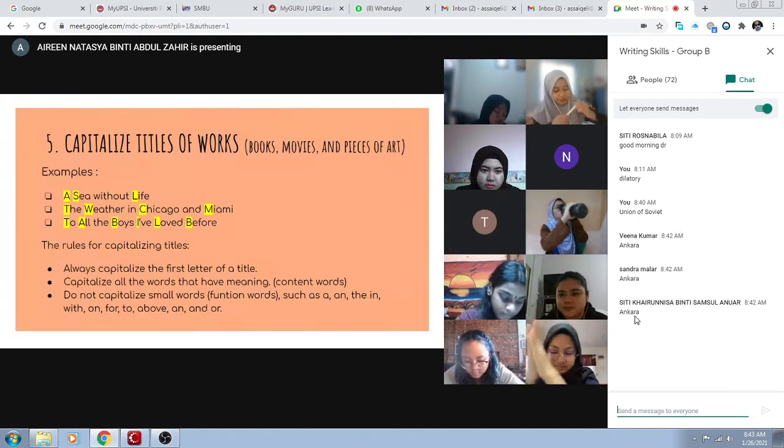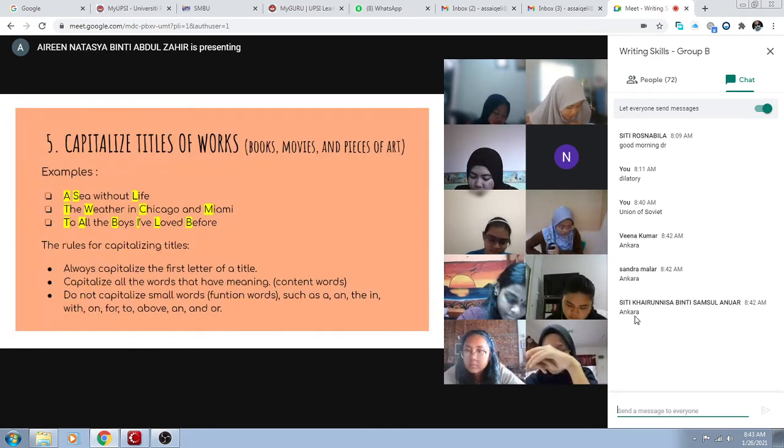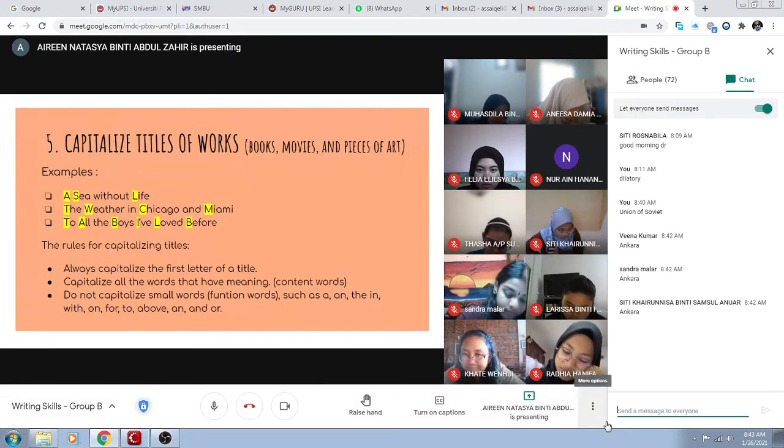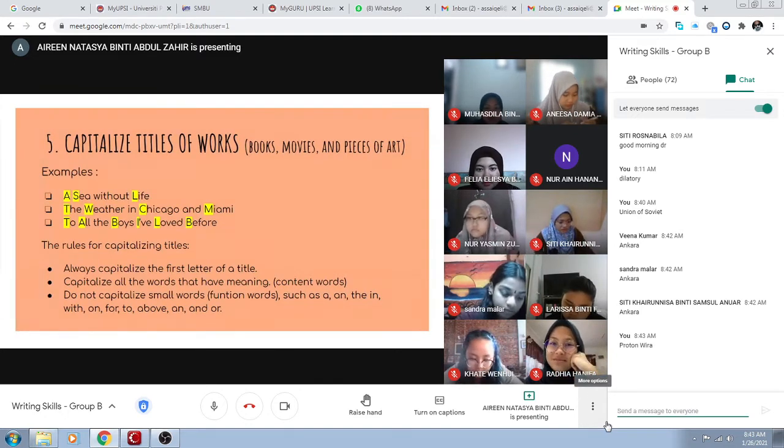I will write Proton Wira. I have written Proton Wira myself because my car is a Wira. So it must be the most popular brand in the world. Not the Chevrolet, not the Mercedes-Benz, not the BMW. Okay.